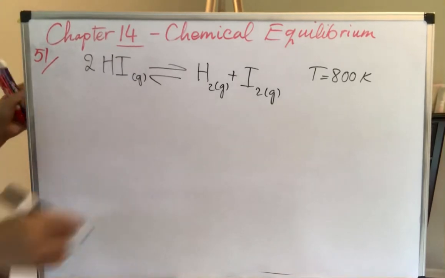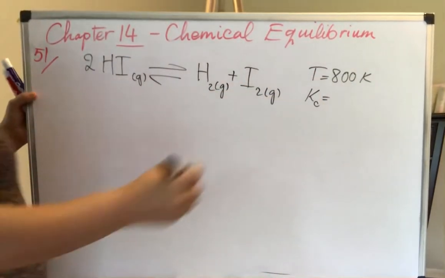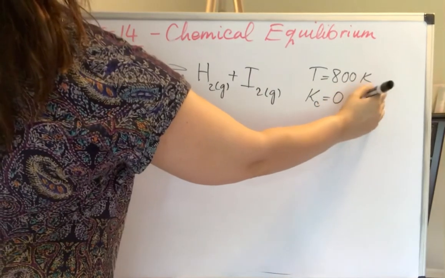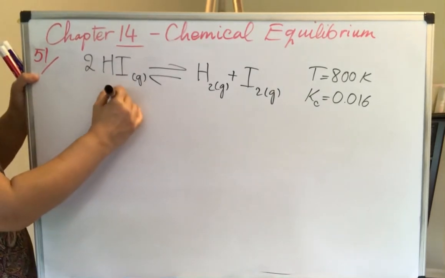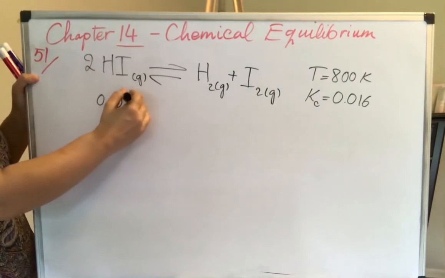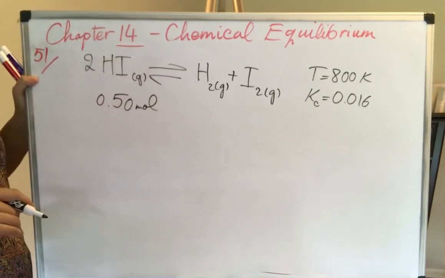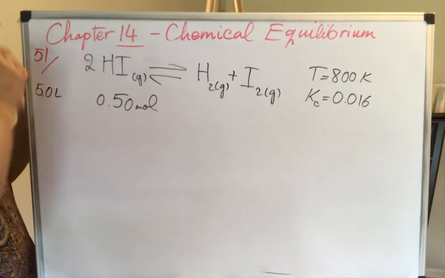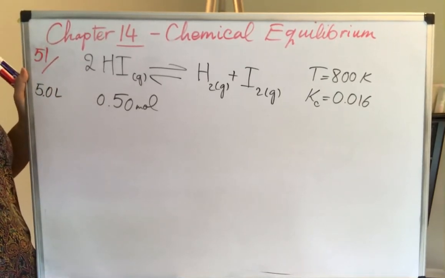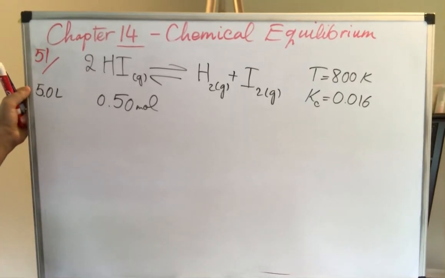The equilibrium constant Kc is equal to 0.016. If 0.50 moles of HI is placed in a 5-liter flask, what will be the composition of the equilibrium mixture in molarities?